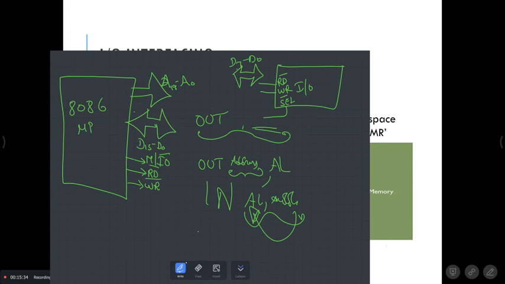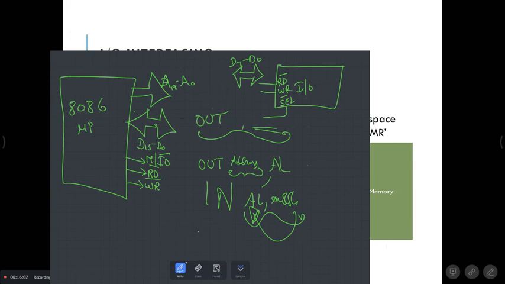Now it writes the data into the IO, maybe from the AL register, maybe from whatever registers you have, through an instruction called the out instruction. At that time, the lower order data lines of the microprocessor will have the data which is to be written into the IO device. It will just write.